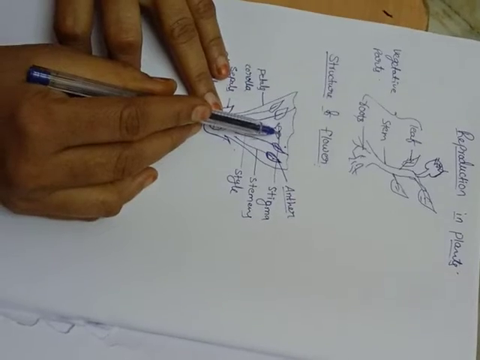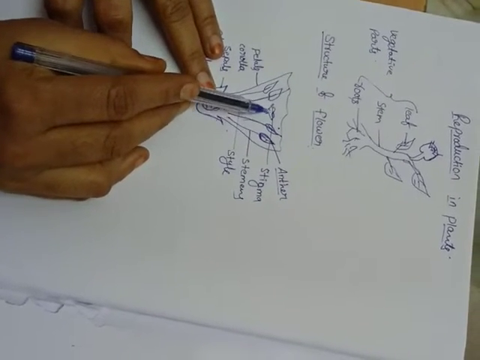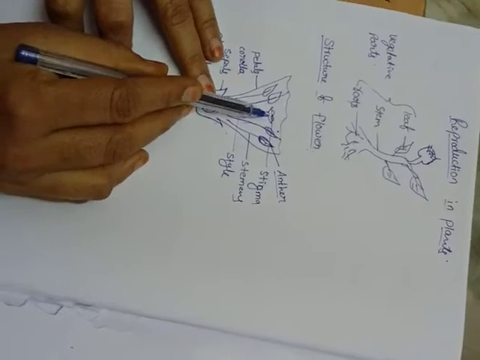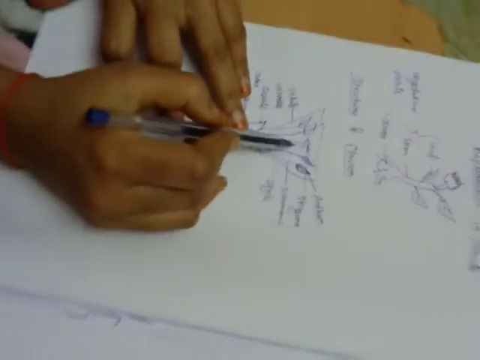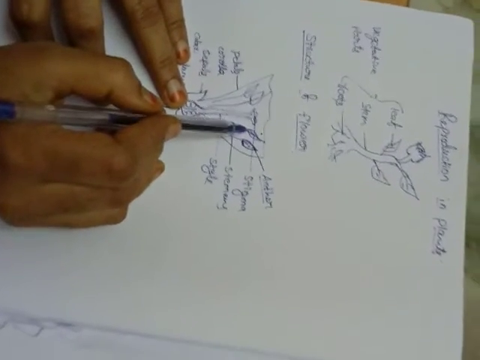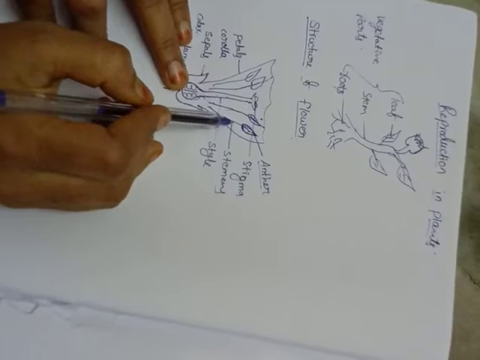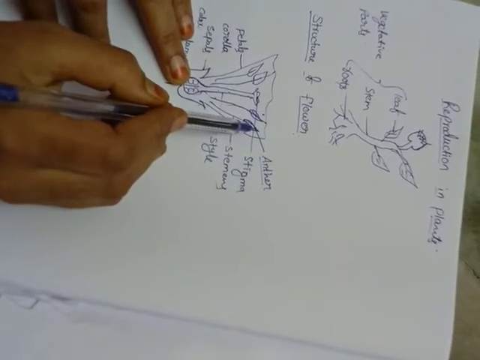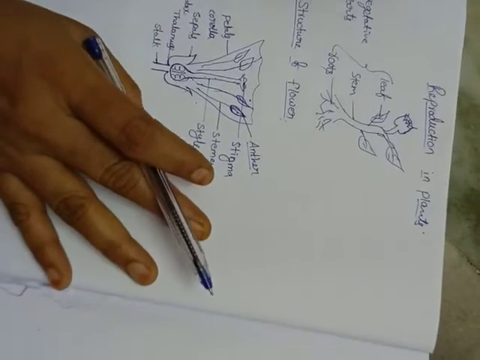Stigma is the entry part for pollen. Pollen grains enter this stigma and reach the ovules through this style. These are the anthers, these are the filaments. Such structures are called stamens. Stamens end with anthers. In this anther we have pollen grains. This is the structure of the flower.